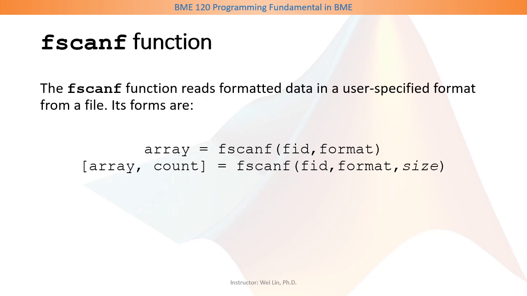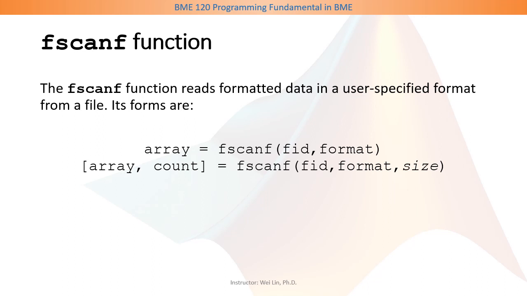You can use the fscanf function to read formatted data in a user-specified format from a file. The fscanf function has two forms. The first form has two inputs. The first is the file ID, which is from the fopen function. The second is the format of the data in the file, which is a format string similar to the format string in the fprintf function.